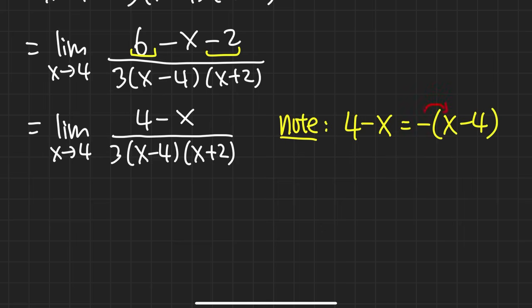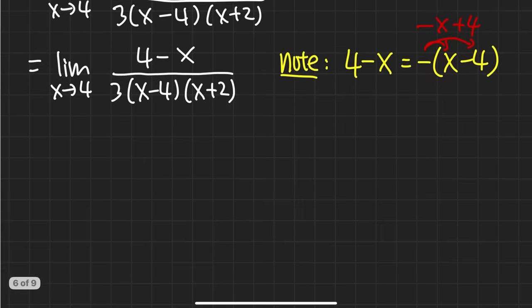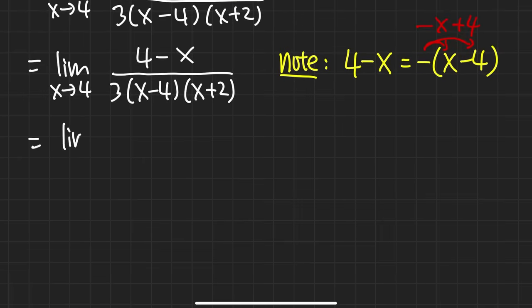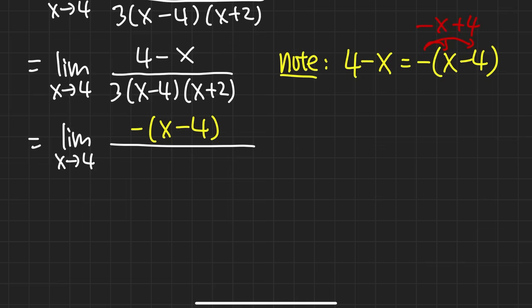Because if you were to distribute this, you will get negative x plus 4, which is the same as 4 minus x. So when you have 4 minus x, and we want the x going first, you can switch the order of subtraction by just negating the result. And that's exactly what we'll be doing right here. So still the limit as x approaching 4. On the top is minus x minus 4. And then the bottom we have this.